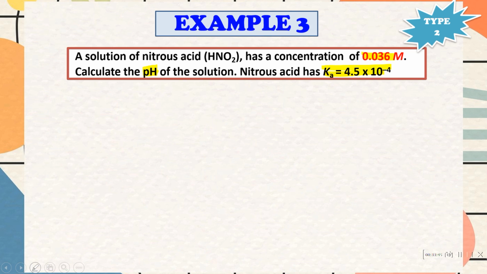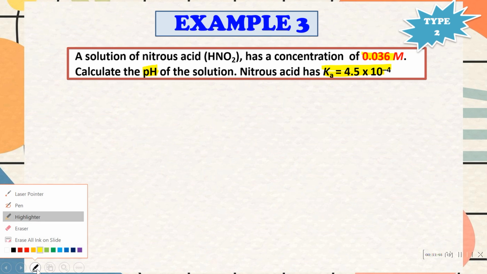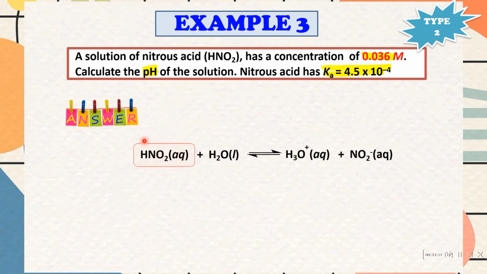So what should you do first of all? First, you have to write the dissociation equation. HNO2 donates a proton to H2O and forms H3O plus and releases NO2 minus ion. Then you must include the phase also.